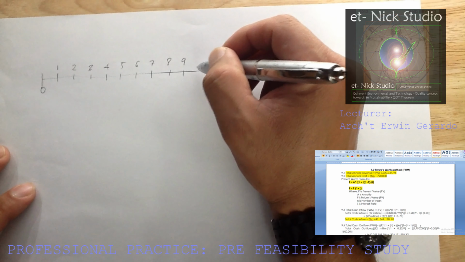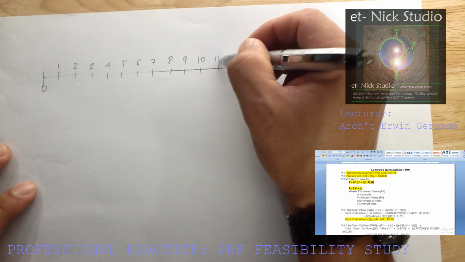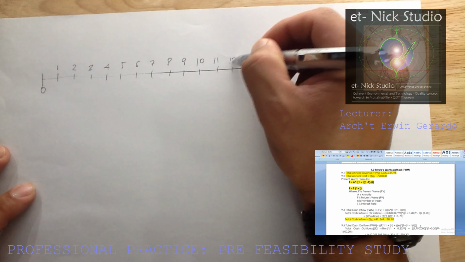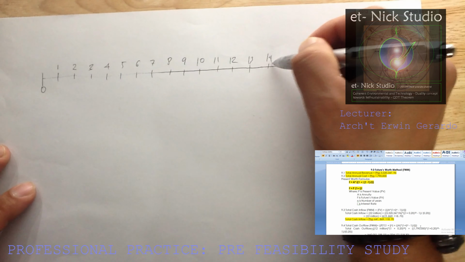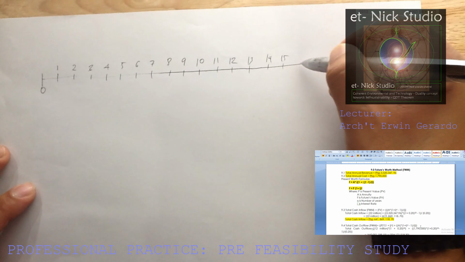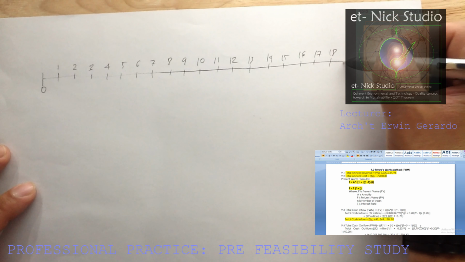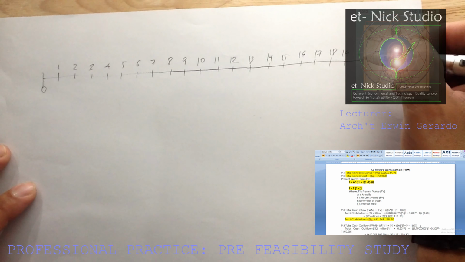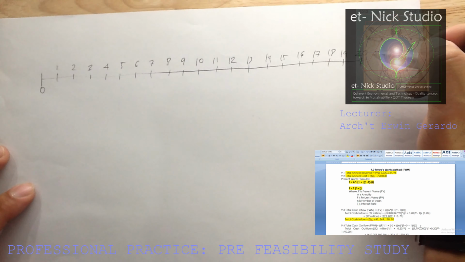sixth year, seventh year, eighth year, ninth year, 10th year, 11, 12, 13, 14th year, 15, 16, 17, 18, 19, up to the 20th year.